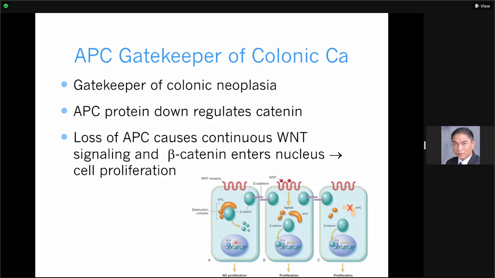In the absence of APC protein, it causes continuous WNT signaling and entry of beta-catenin to the nucleus, hence cellular proliferation. So walang APC, beta-catenin gets inside. That will lead to cell proliferation.